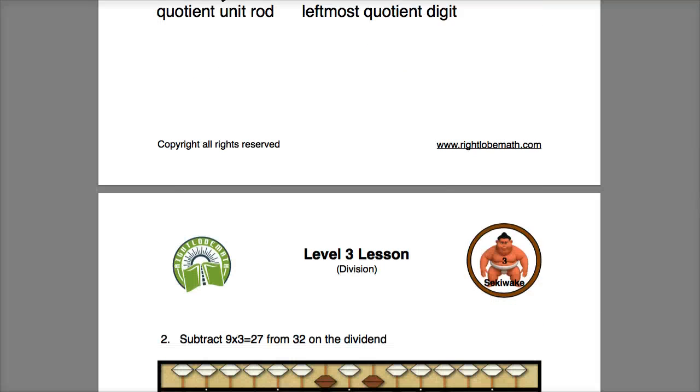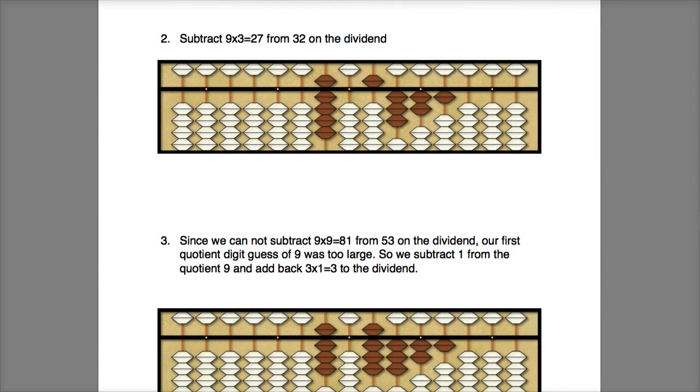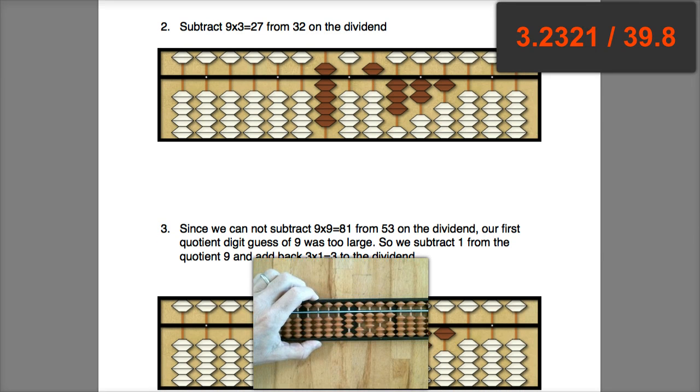Okay, so let's go ahead and start our division process. Here I have my dividend on the soroban, and I'm going to choose this rod as my quotient unit rod. So I'm going to place my first quotient value at minus 1.